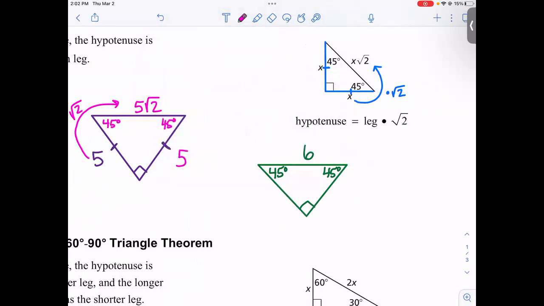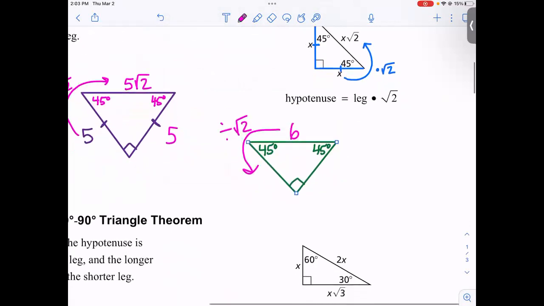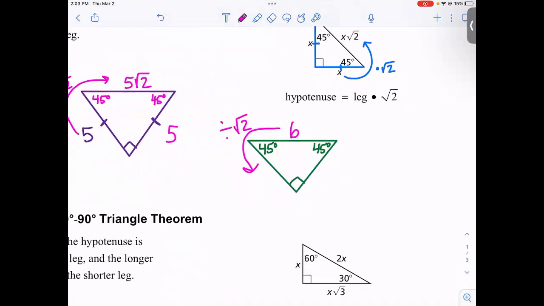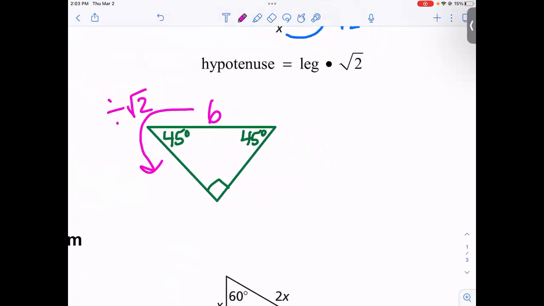Well, okay, so if from leg to hypotenuse, we multiply by radical 2, then to get from hypotenuse to leg, we would need to divide by radical 2. Okay, now let's do that. It's amazing. We already talked about how to divide by radicals.